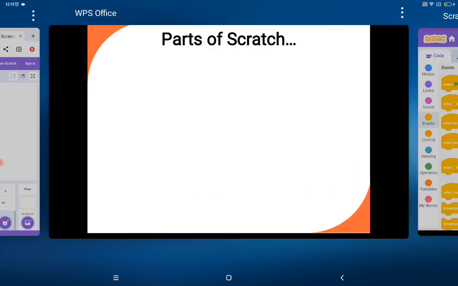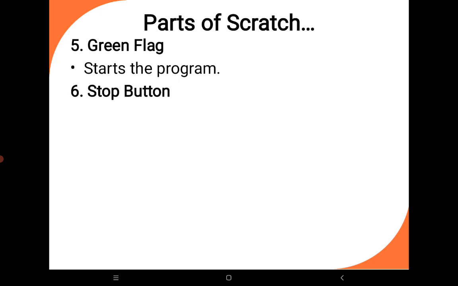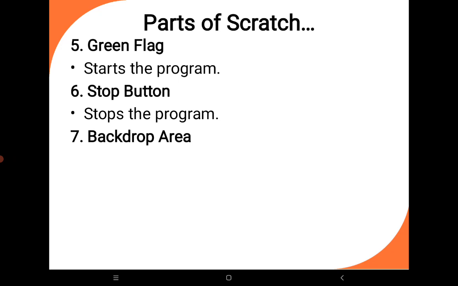So other parts of Scratch include the green flag. This starts the program, and we have the stop button, that is the red one, it stops the program. And we have the backdrop. This is where we change the background.